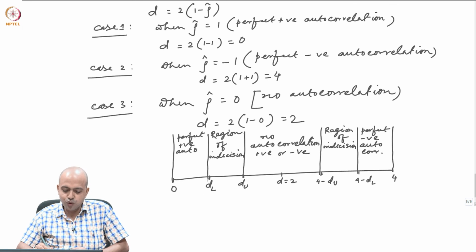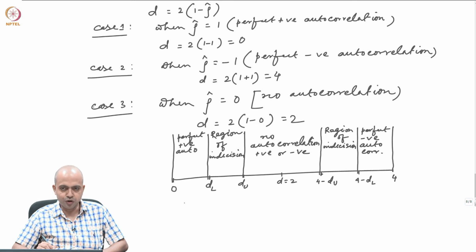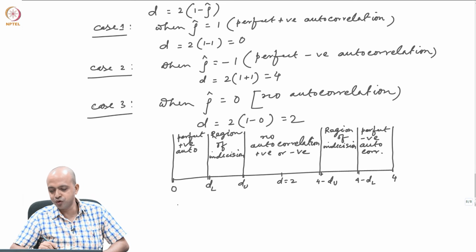This is the lower limit of the tolerance, and if it goes beyond that, it shows there is some kind of positive autocorrelation.